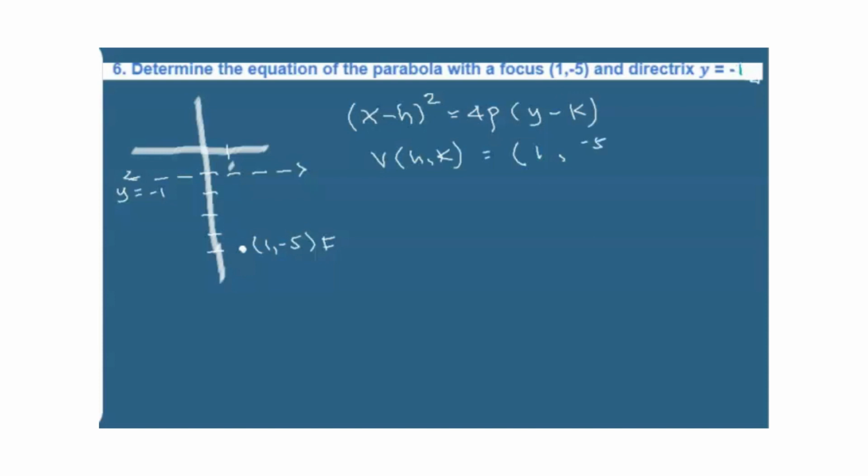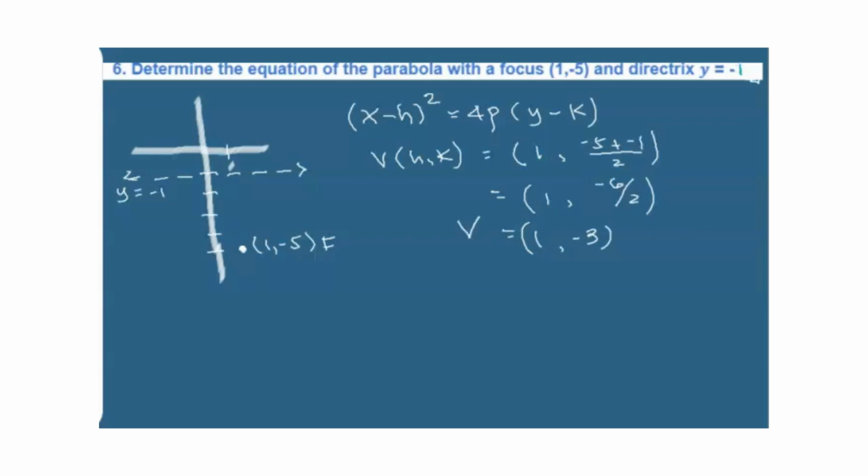So -5 plus -1 over 2, which is -6 over 2. So our k value is -3.